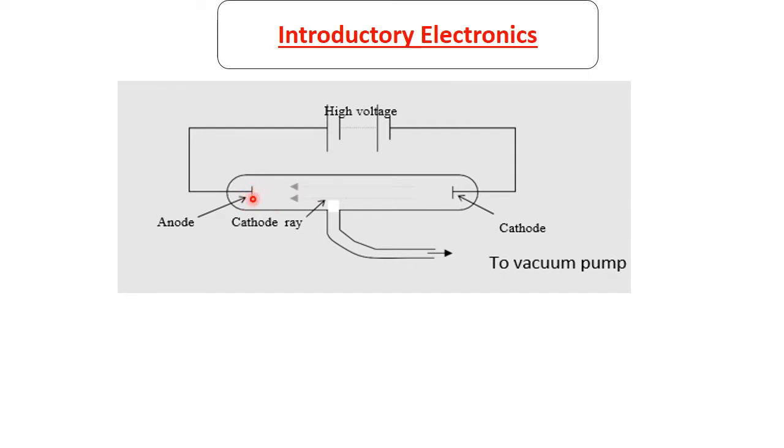Why are they flowing to the anode? First, because electrons are negative and the anode is positive, and unlike charges attract. Remember the law of charges. The second reason is so that the circuit is complete. These electrons that flow are called cathode rays.